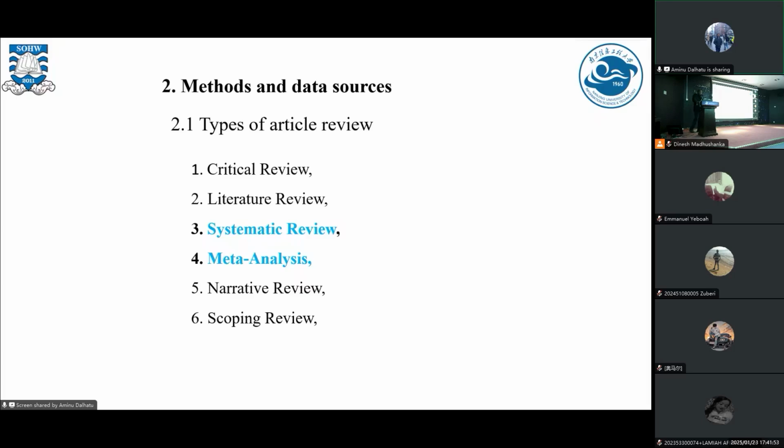The second one is the literature review. In a literature review, you search your study area, keywords, and authors, and how they are connected to that study area. The third one is the systematic review. Especially for PhD students, during the defense they will ask why you are interested in this field.